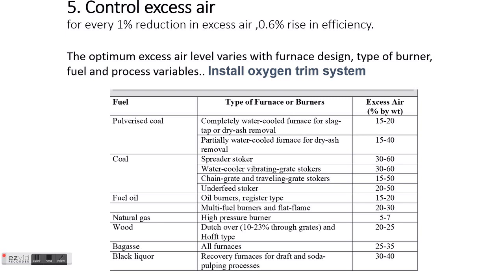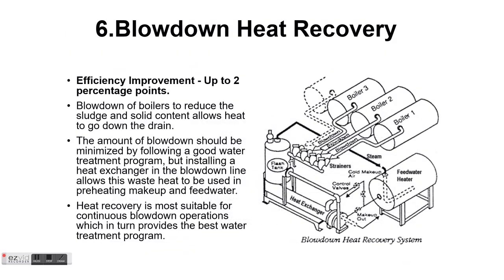This level varies with furnace design, type of burner, fuel and process variables. It can be determined by conducting tests with different air-fuel ratios. Controlling excess air to an optimum level always results in reduction in flue gas losses. For every 1% reduction in excess air there is approximately 0.6% rise in efficiency.